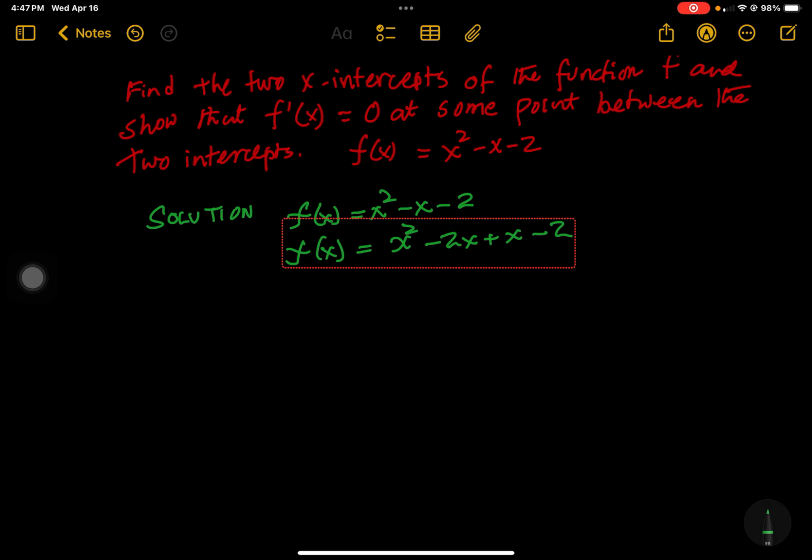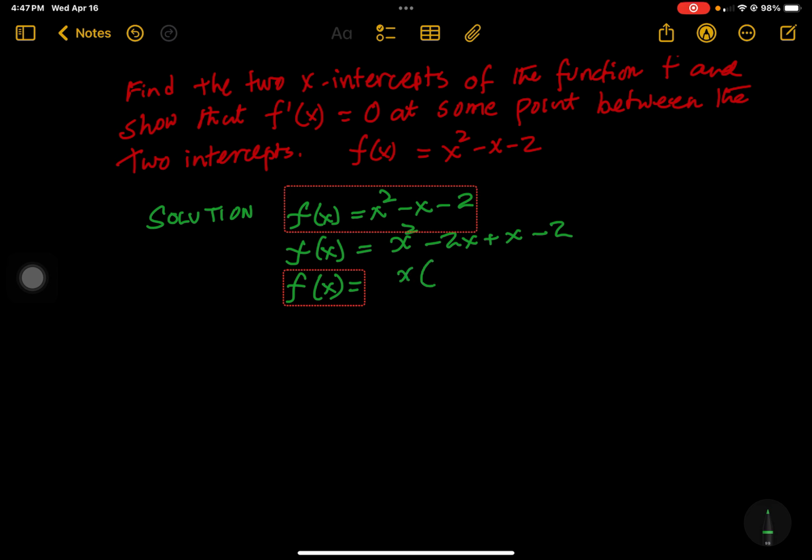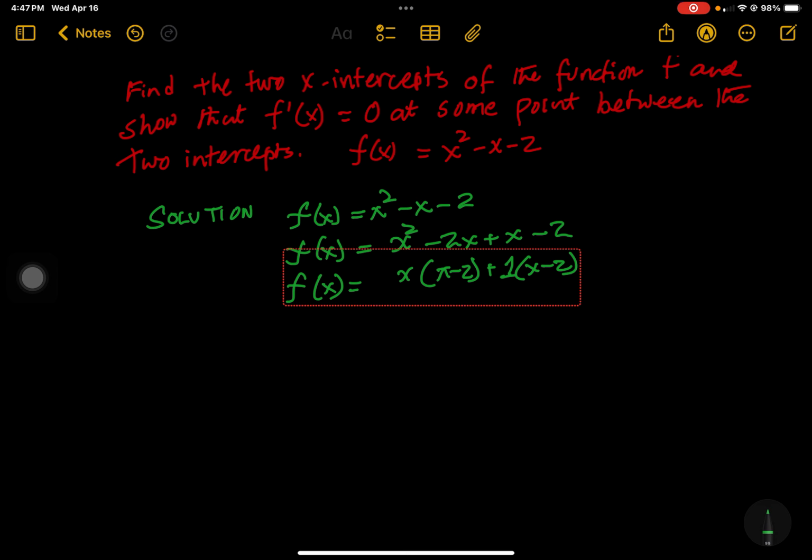From the first two terms we take the common factor x out, it's x minus 2. From the last two we keep the common factor x minus 2, so we just take out 1 from x and minus 2 in the last two terms. Hence f of x is equal to x minus 2, which is common between the two, times x plus 1.